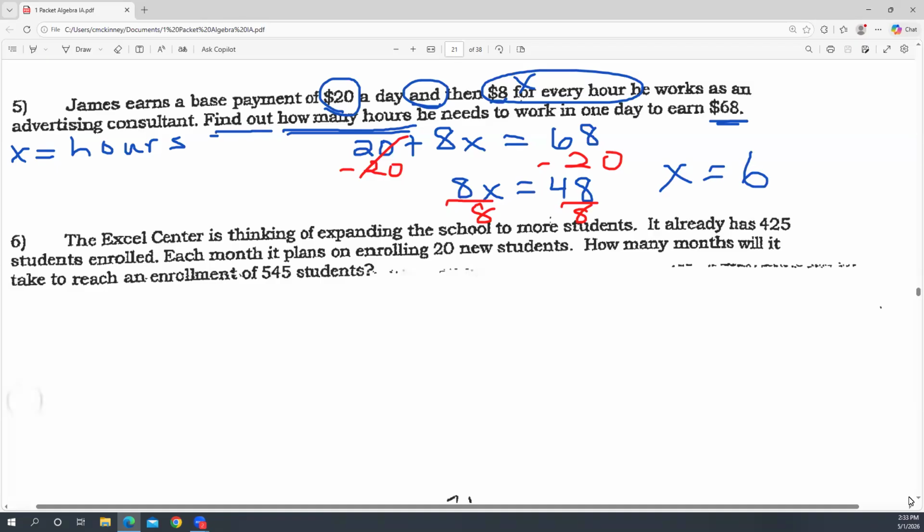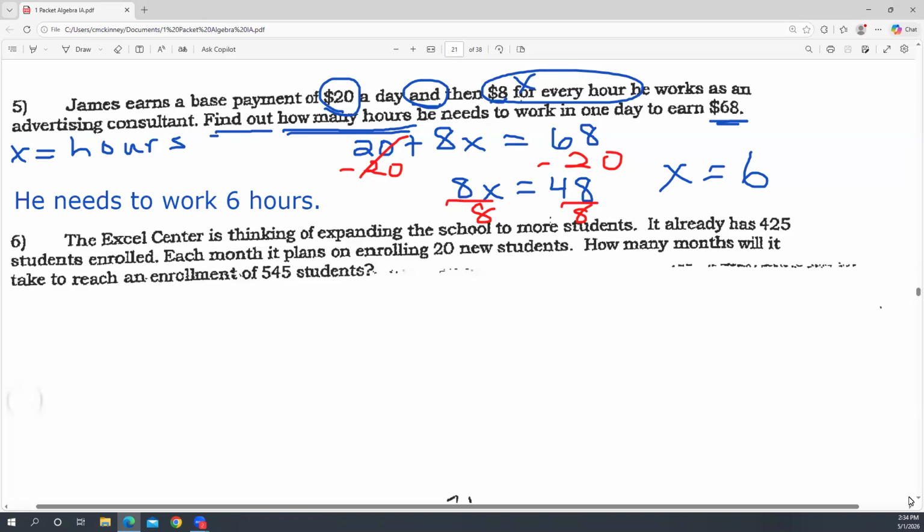Okay, so just saying X is equal to 6 doesn't tell me a lot. So how many hours he needs to work in 1 day? So he needs to work 6 hours. I want to make sure we don't say something like he needs to work 6 days.